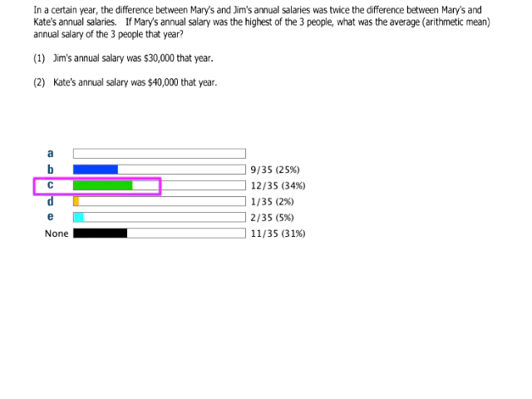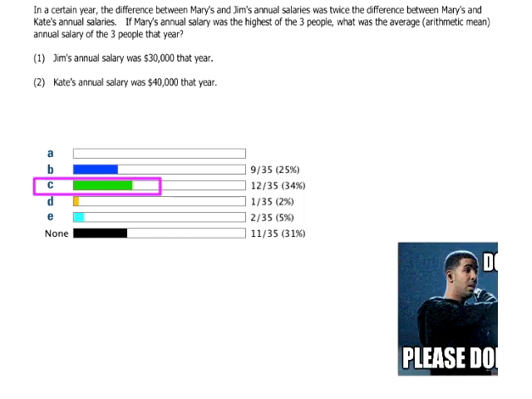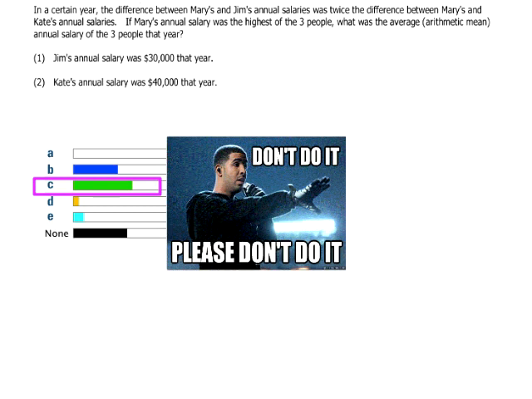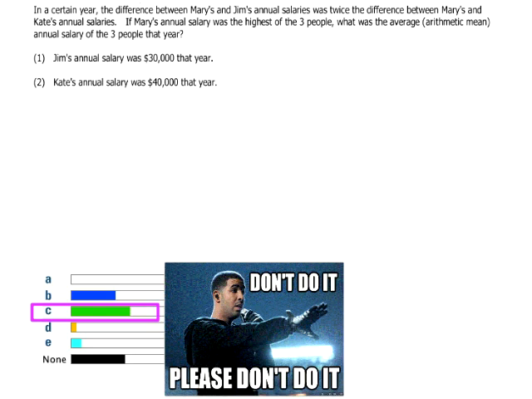Here is what Drake has to say about that answer choice. Drake says, don't do it. Don't do it, please don't do it. Let's have a little heart-to-heart about choice C here, and while we're at it, about choice E.